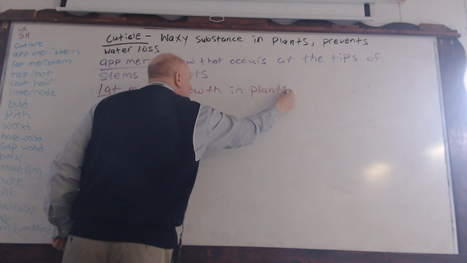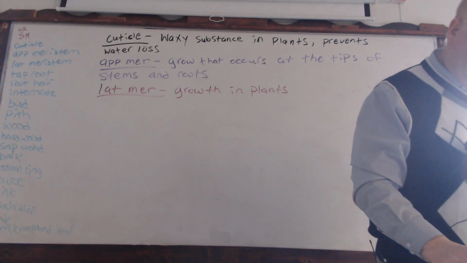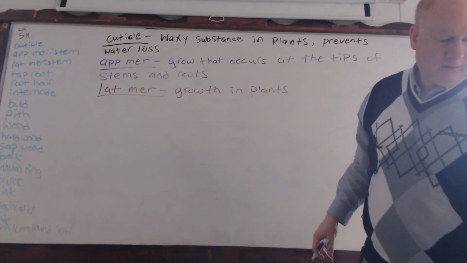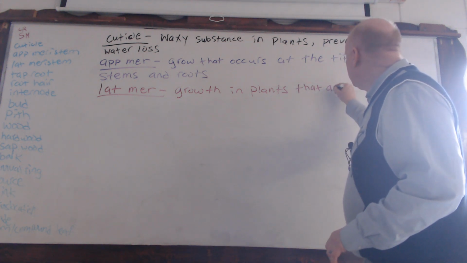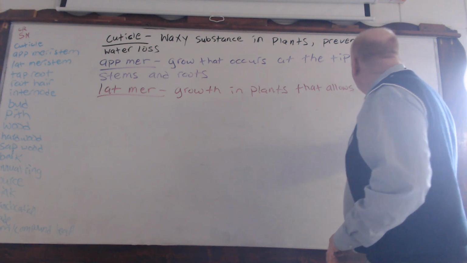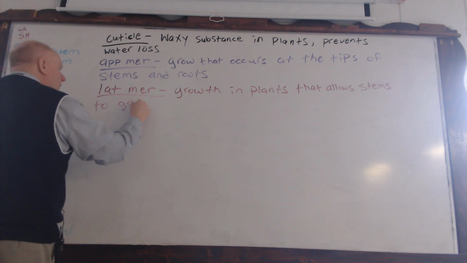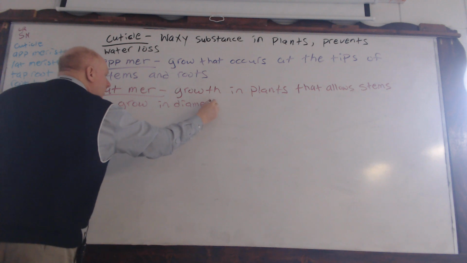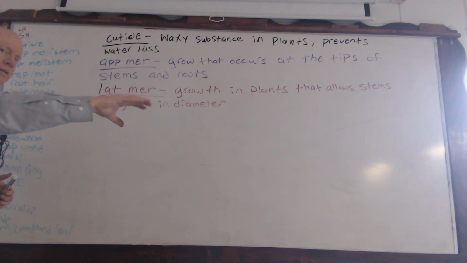So this is also a different type of growth, but rather than going out, the lateral meristem means it's growing in diameter.